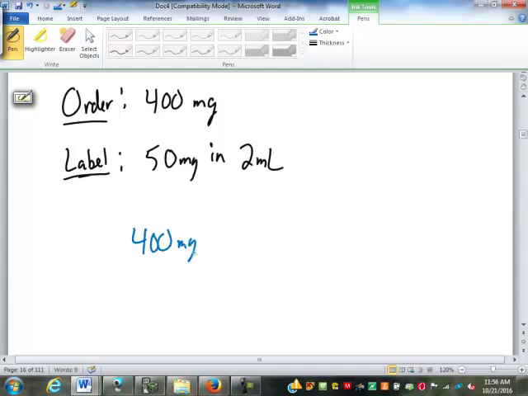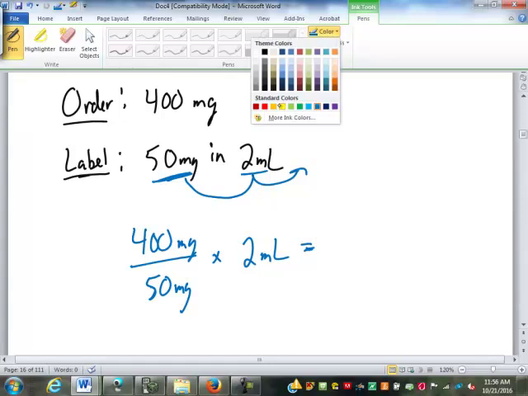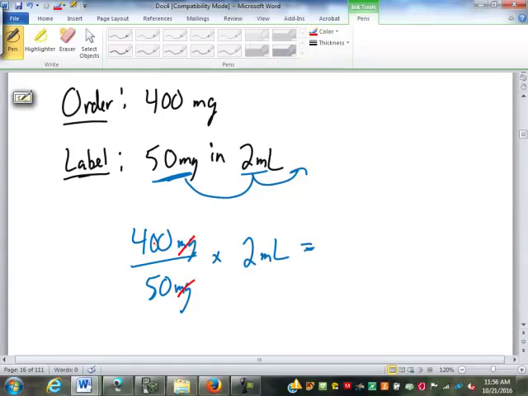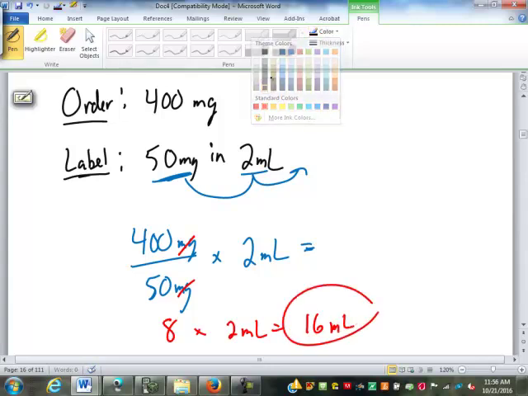This will be 400 milligrams over 50 milligrams. What goes in as our vehicle? 2 milliliters. Yeah, the 50 milligrams in our on-hand dose gets carried through the 2 milliliters to get to the patient. Milligrams cancel. 400 divided by 50 is 8 times 2 milliliters. We administer 16 milliliters. Any questions?